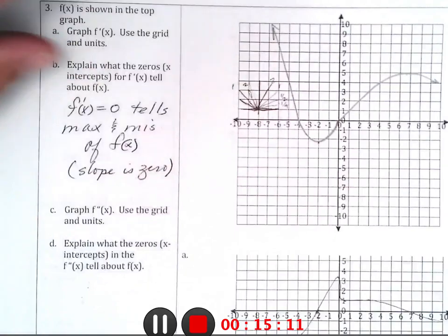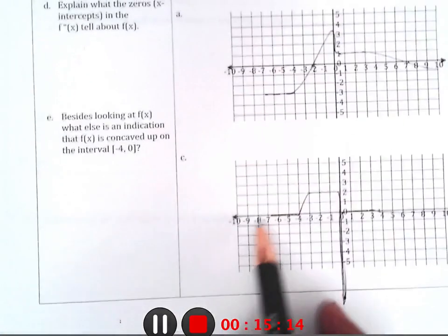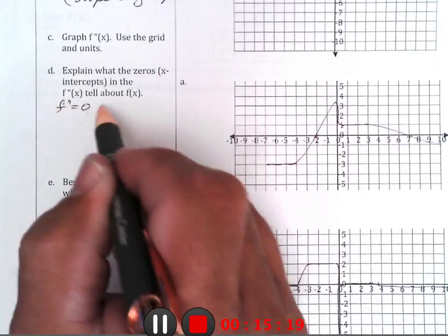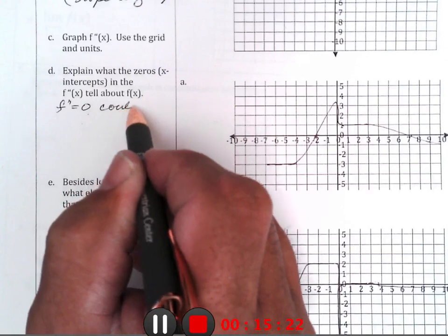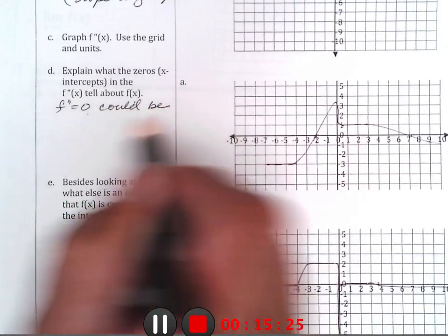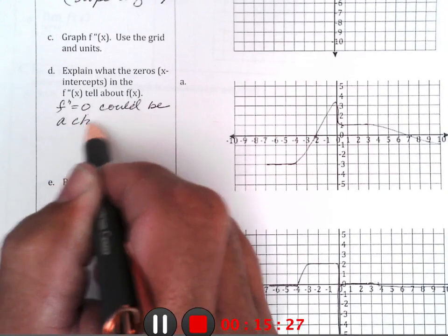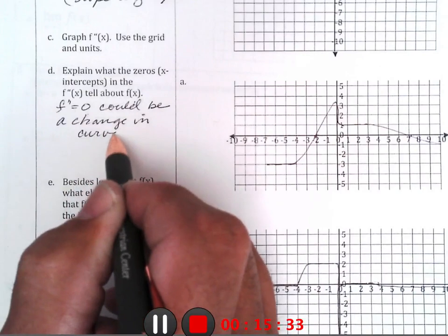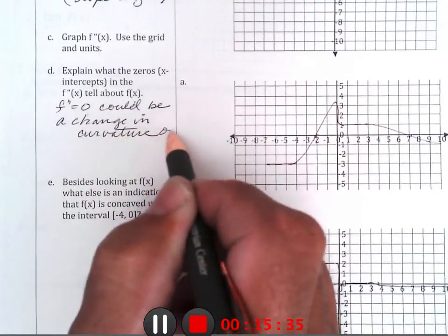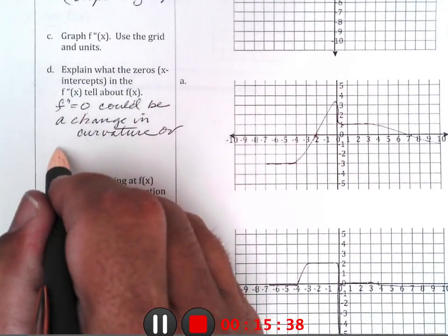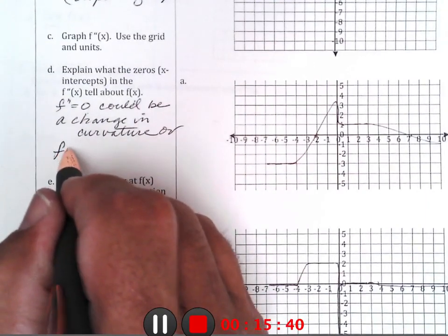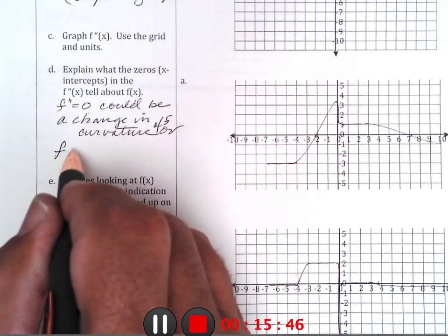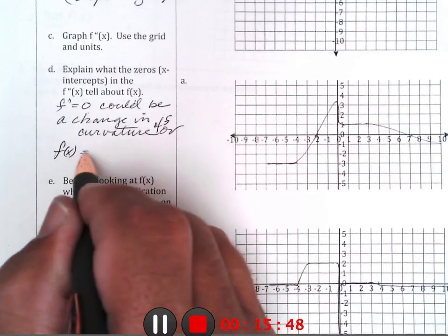So if there's a section on this line, f double prime equals 0 could be a change in curvature of f, or f of x is linear.